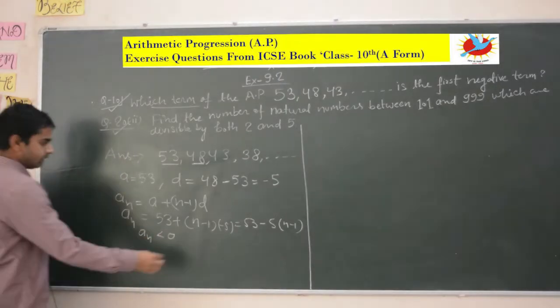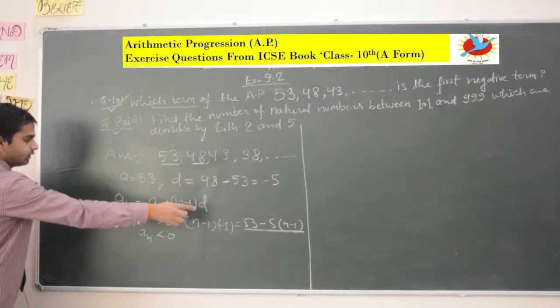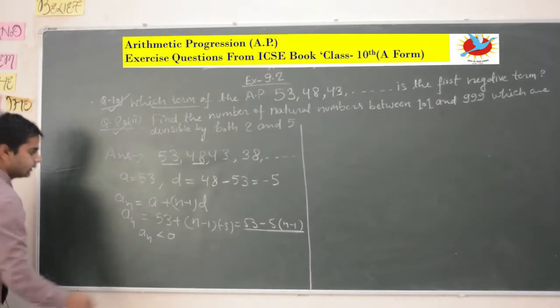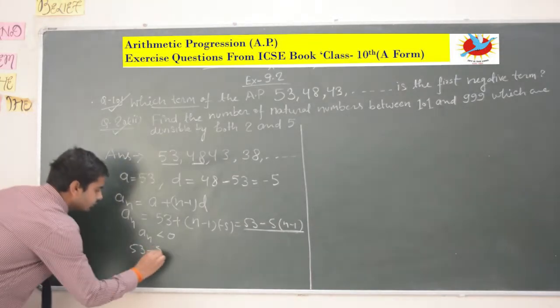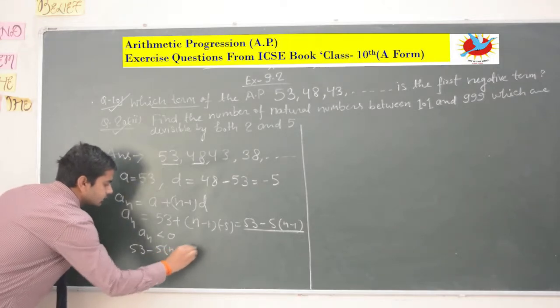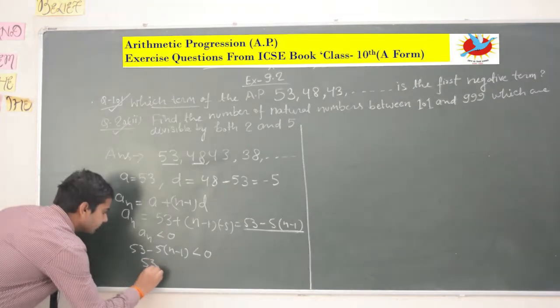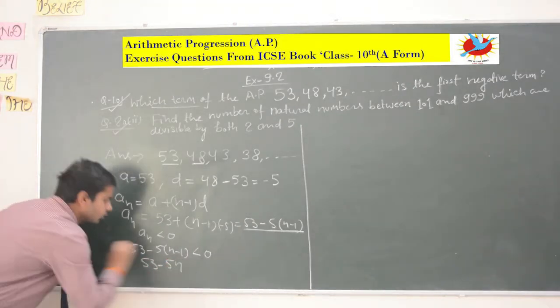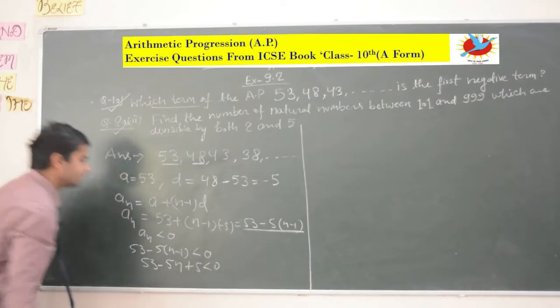Put the value of An: 53 minus 5 into n minus 1 is less than 0, or 53 minus 5n plus 5 is less than 0.